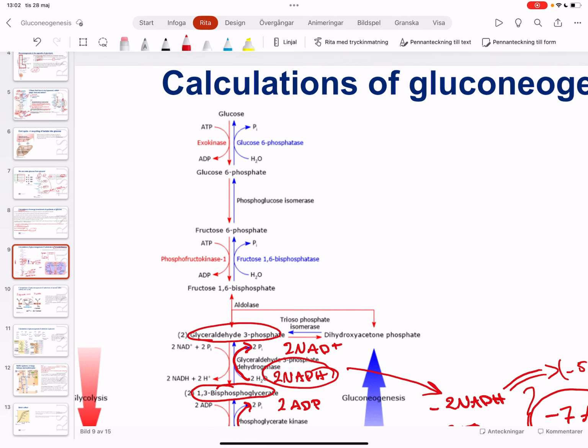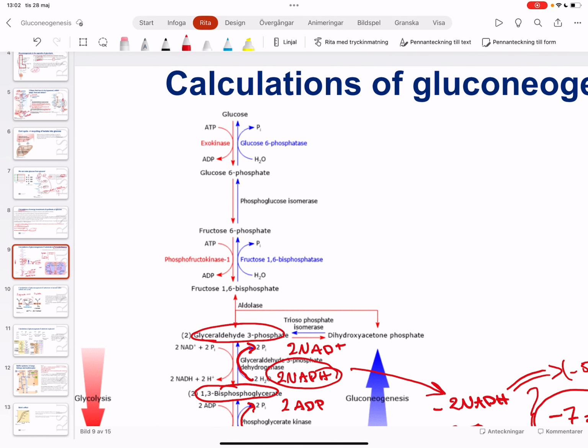Then we go further up. And if you remember what I just said, the conversion of fructose 1,6-bisphosphate to fructose 6-phosphate will not use or give any energy. It just takes away a phosphate. And the same thing goes for this step. So therefore here it's, I don't know if you can say plus minus 0, but no ATP gain or loss.